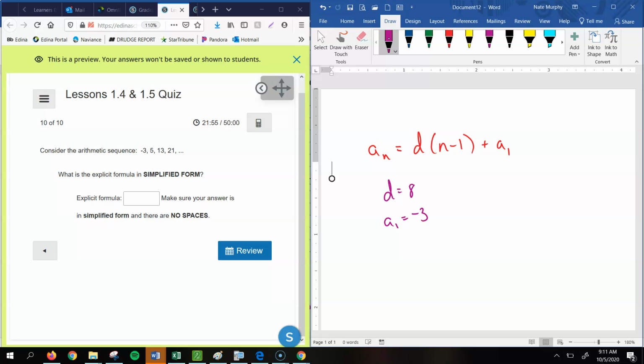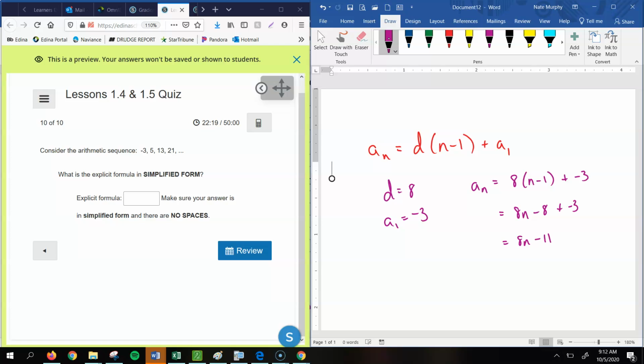So we'd have a sub n equals, and then we'd have our constant difference, which is 8, times n minus 1, plus our first term, which would be -3. So now when I simplify this, we would distribute the 8 through, so we'd have 8n minus 8, and then plus -3. And -8 plus -3 would be -11, so we'd have 8n minus 11.